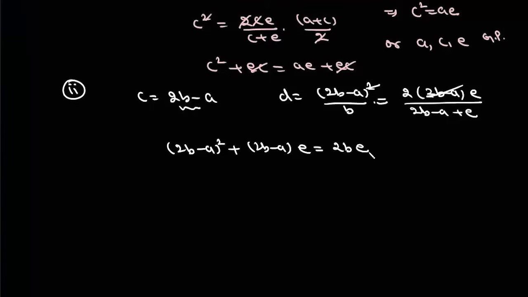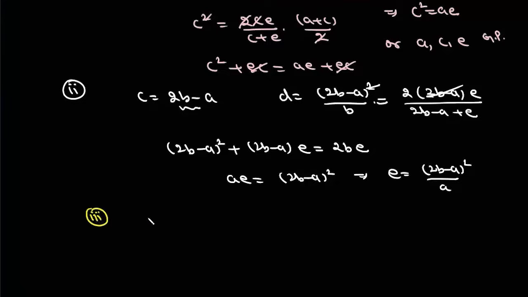Now 2B into E will cancel, so we'll get A into E as 2B minus A whole square, or E is 2B minus A whole square upon A. Now this third part is, if A is 2 and E is 18, find the value of B, C and D.